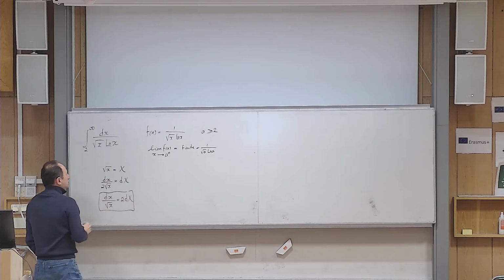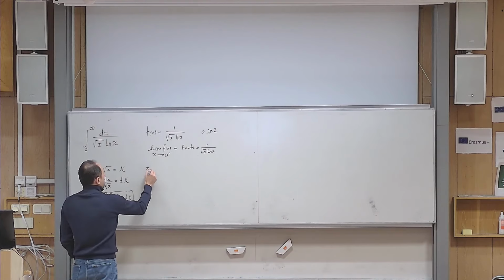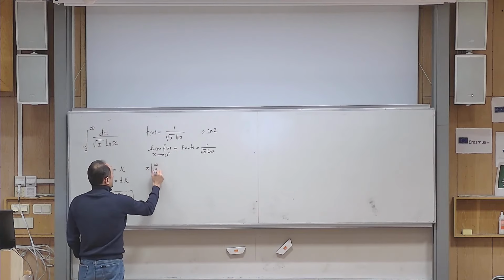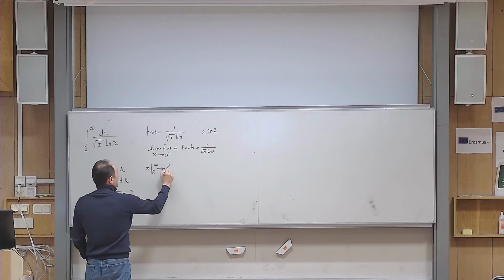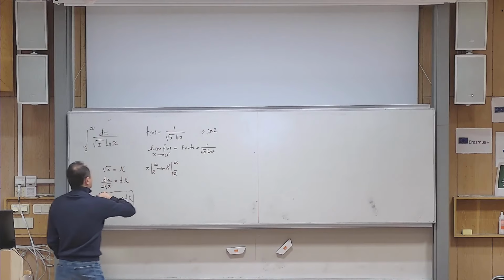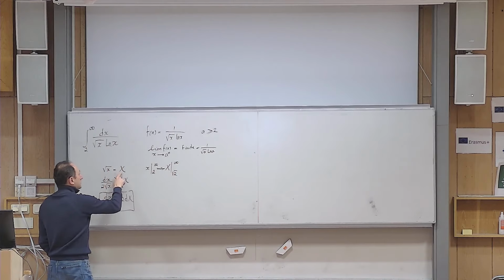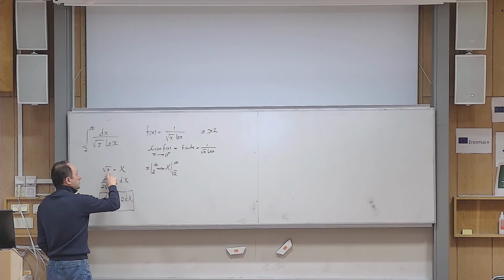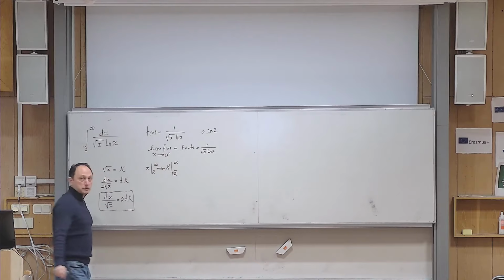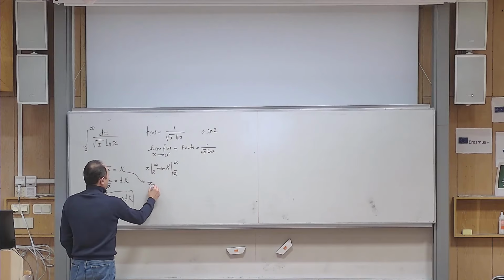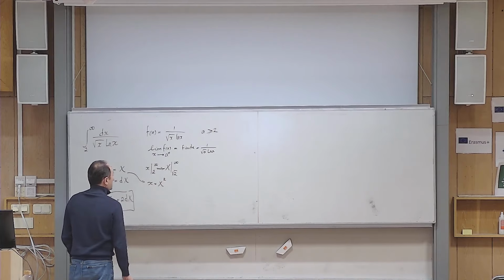And then because little x is supposed to go from 2 to infinity, this implies that capital X goes from square root of 2 to infinity. If little x is 2, capital X becomes square root of 2, and the limit as x goes to infinity again becomes infinity. And of course from here I know that little x is also capital X squared.